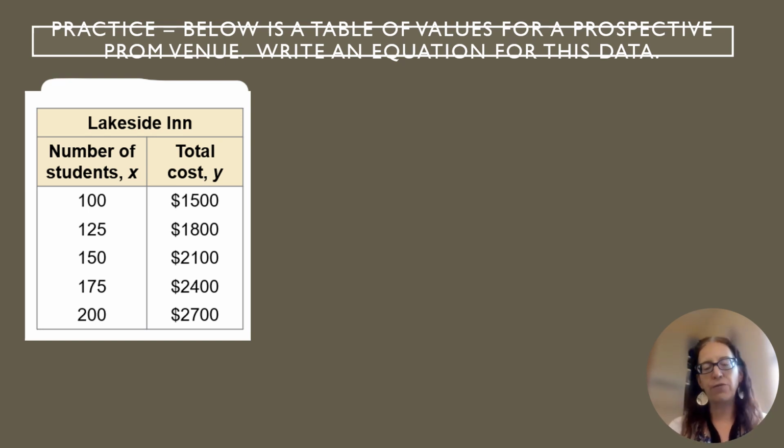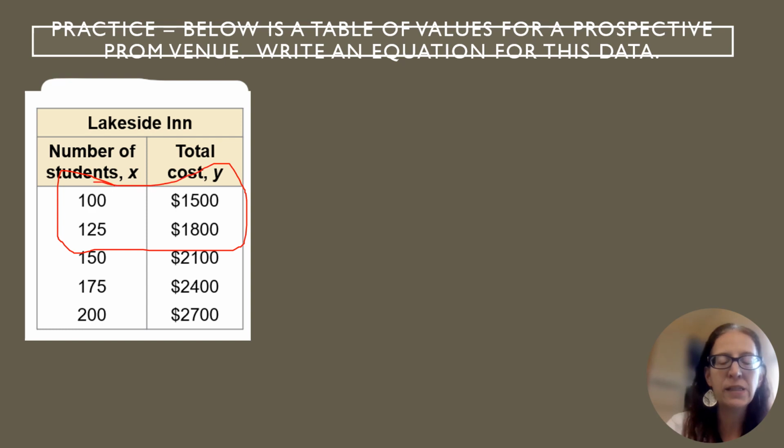This would be a linear relationship. Now, in real life, you're probably not going to need to write an equation for it because they'll just tell you what the number is, but it is actually a linear relationship. So in order to write the equation of the line, we need to find 2 points. I am going to pick these 2 points because they have the smallest numbers.